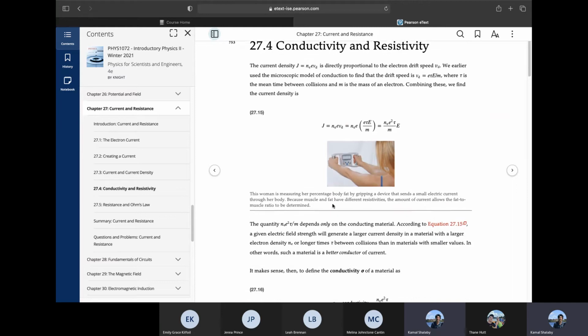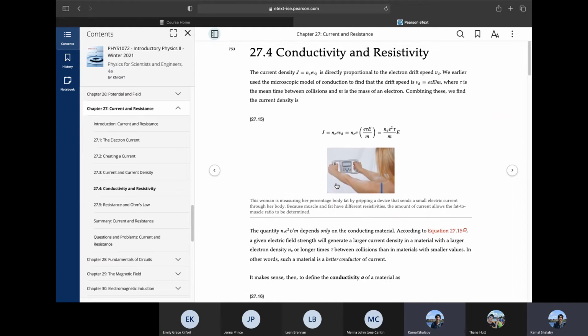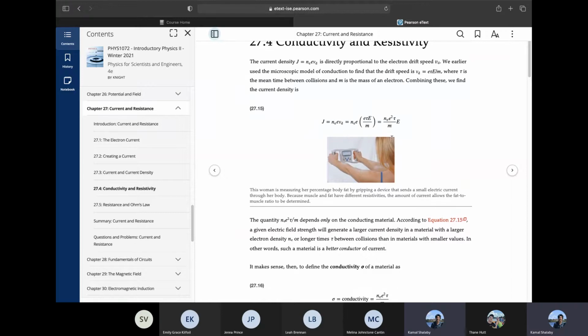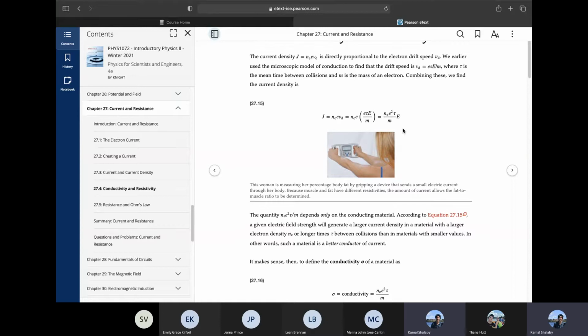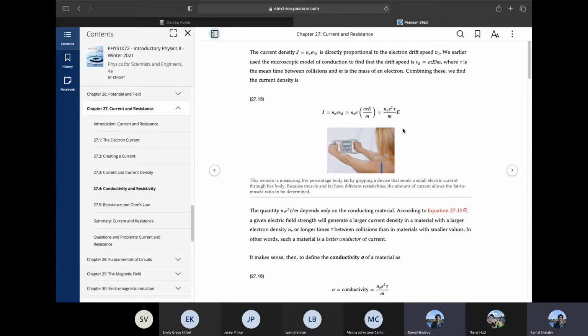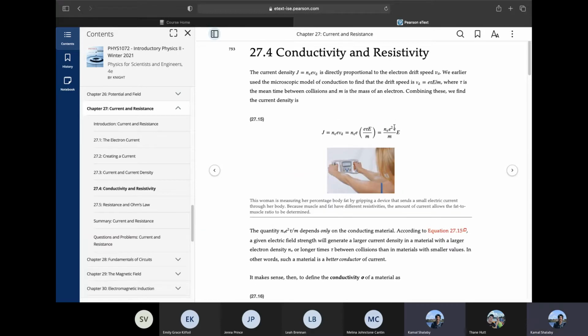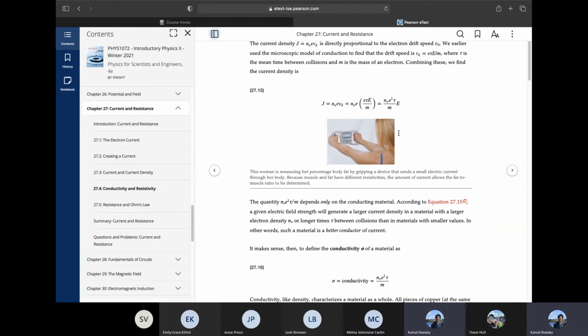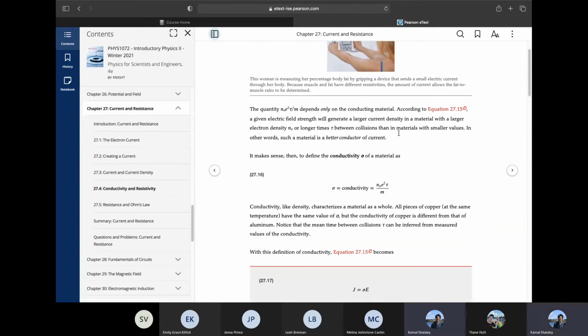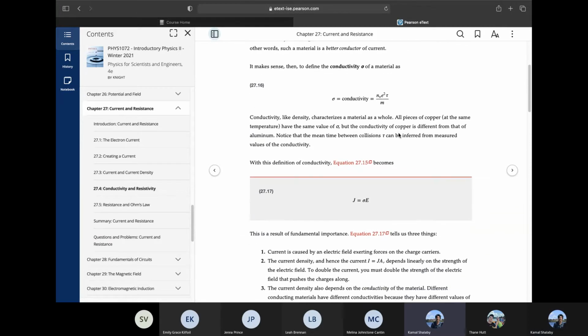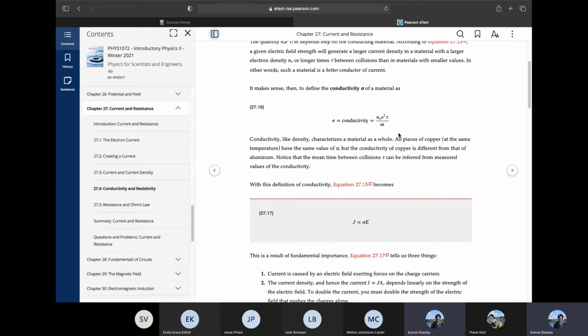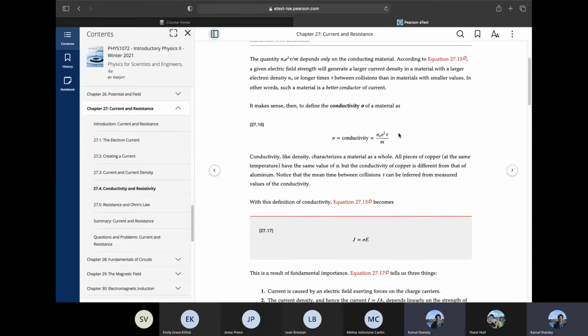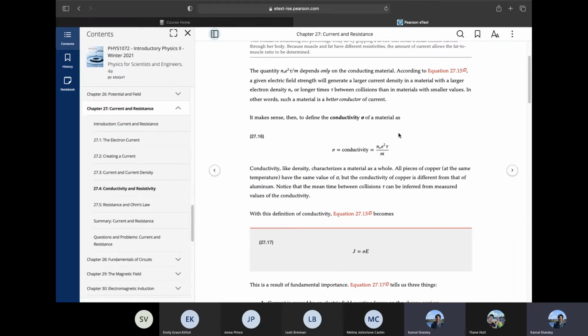It's a good start. So the J is the current density, and the current density is equal to the number of electrons multiplied by the charge multiplied by the time, and that's the time that we need to find. I see more now.